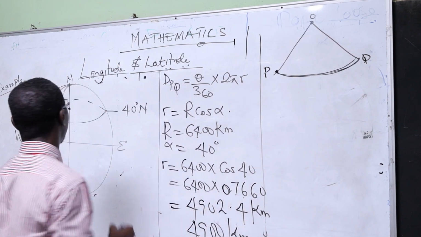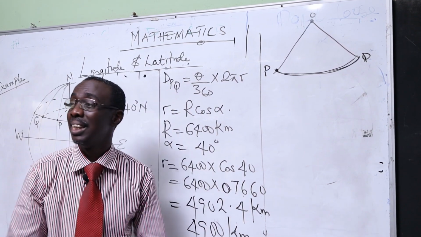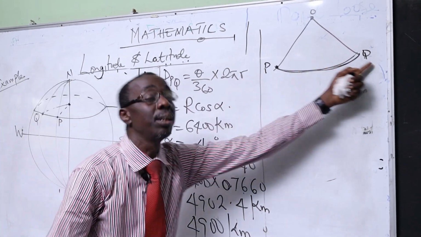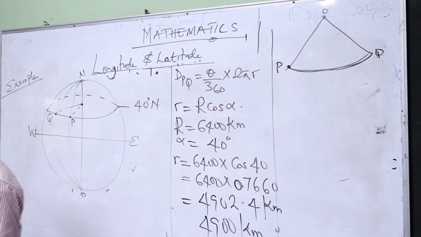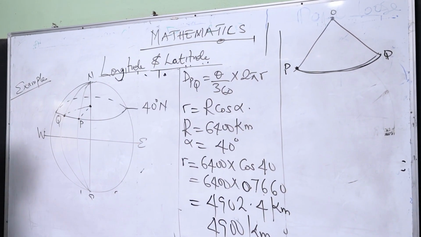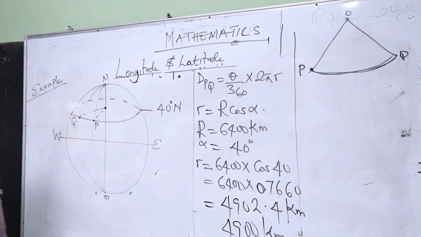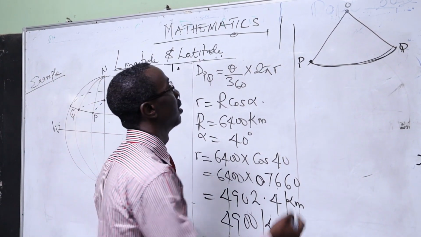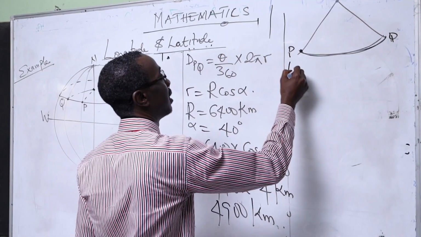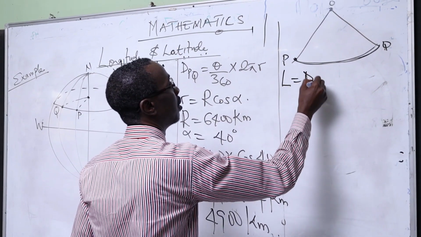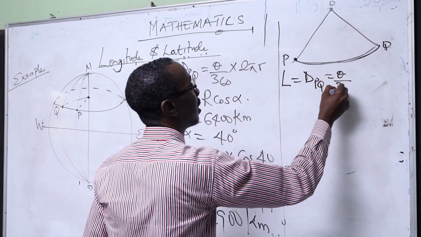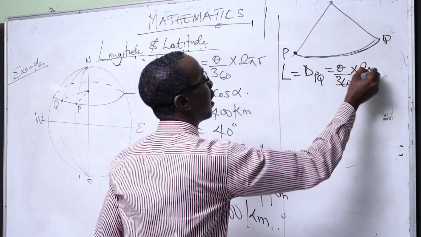That is the same thing as the distance between P and Q along the parallel of latitude. So, they are just using that as another way to frame that question. The length of arc is the same as distance PQ, which is theta over 360 times 2 pi small r.